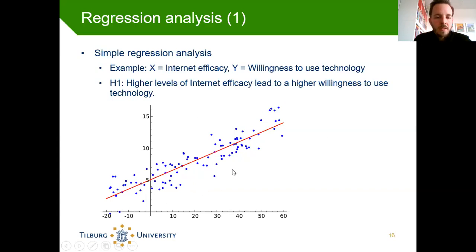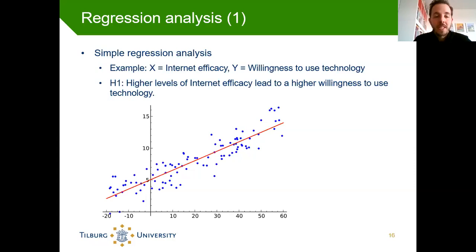So in this graph, here we have an x-axis, and here we have plotted people's score on internet efficacy. And as you can see, this might go from -20 till 60. And let's say 60 is a very high score. So here, those people here who have a score around 60, they are very good at using the internet. Probably young people, people like you or like us, maybe.